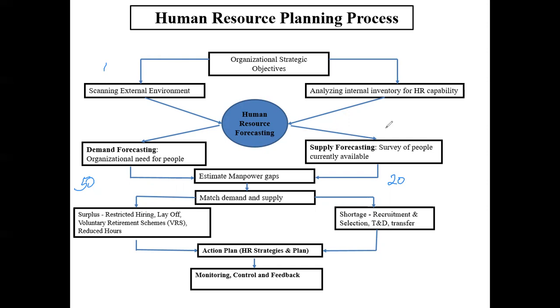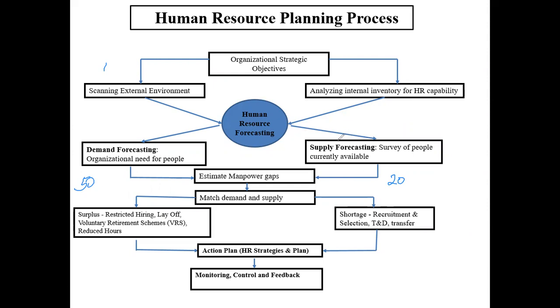And I cited an example that, let's assume GCTU as an institution is intending to set up another campus in Ivory Coast. Now, to have an understanding of the number of people that we will need to manage this new campus in Ivory Coast in order for the campus to also flourish, the demand forecasting results indicated that we will need 50 workforce or 50 employees, both academic and non-academic.